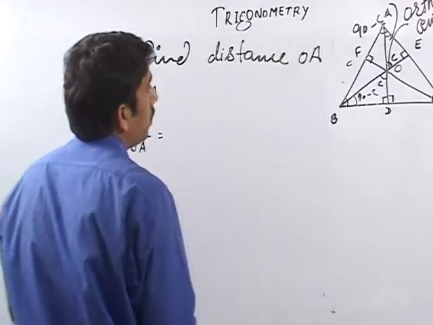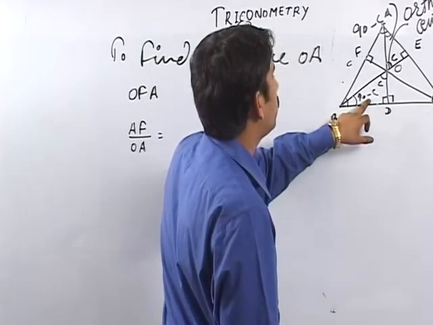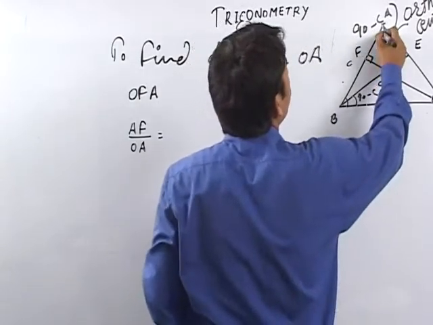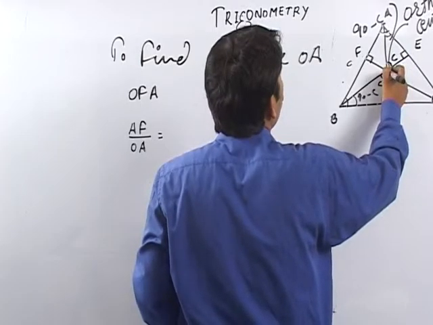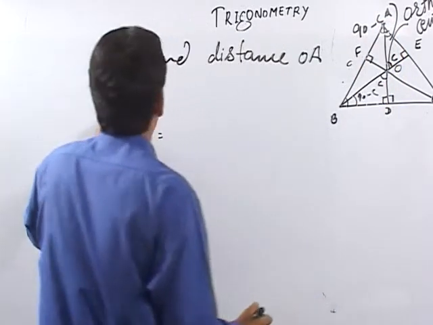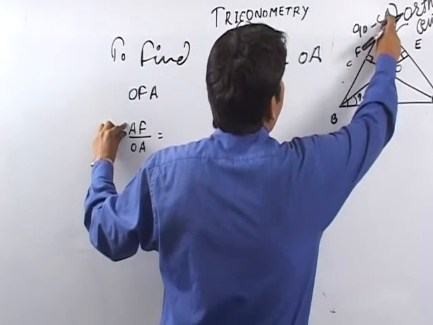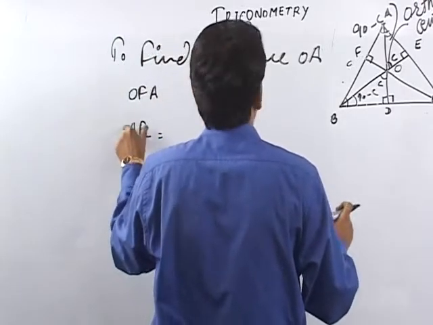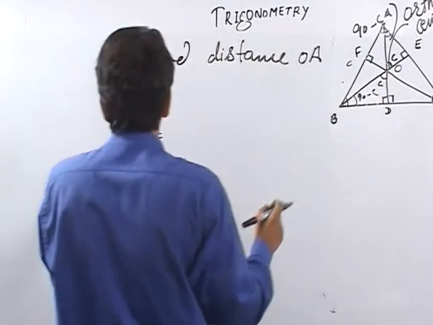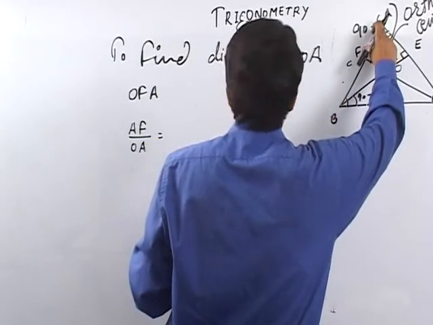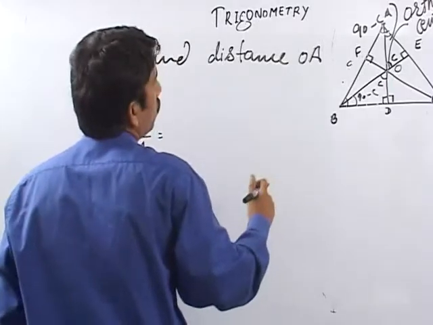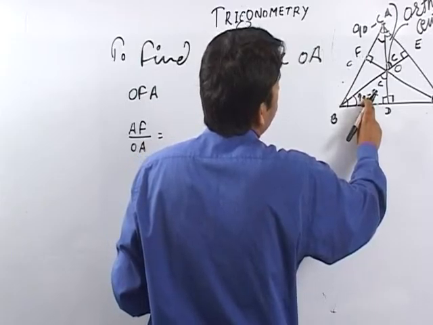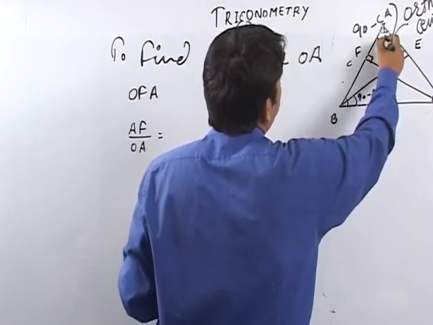Let's see once again. If this angle is 90 minus C and this angle will become A. Now since we have to find out OA, if we take triangle AFO, here AF over OA will be equal to, if this was 90 minus C, then this will be equal to what?